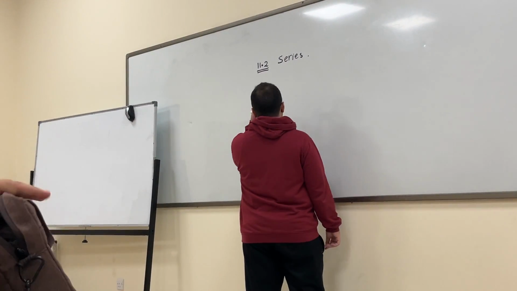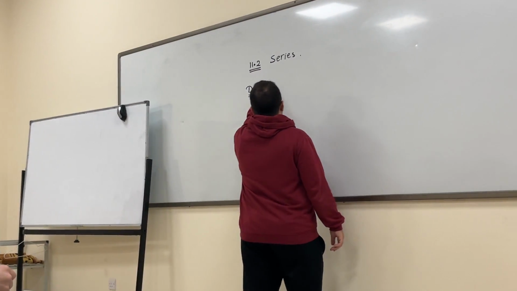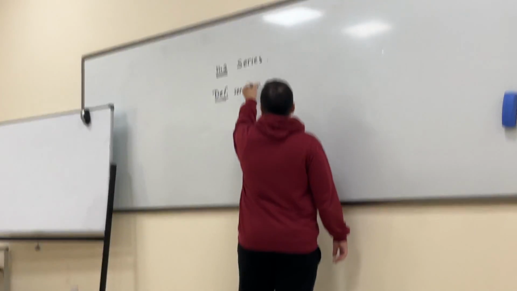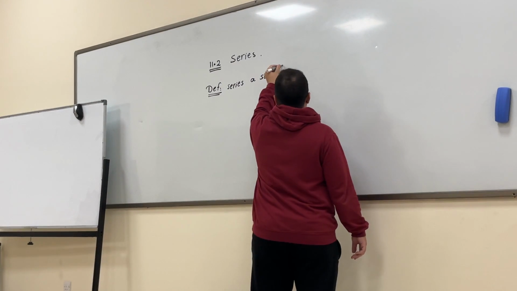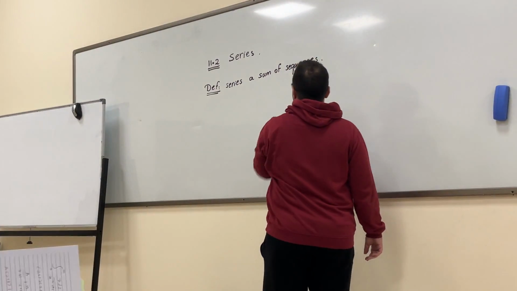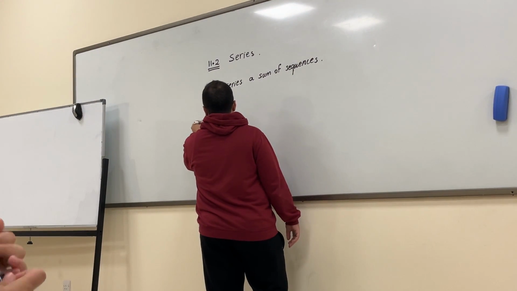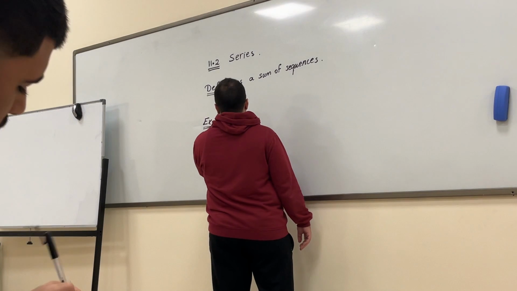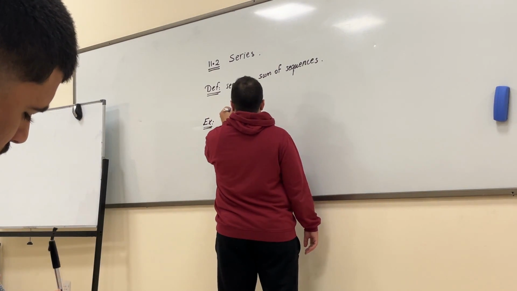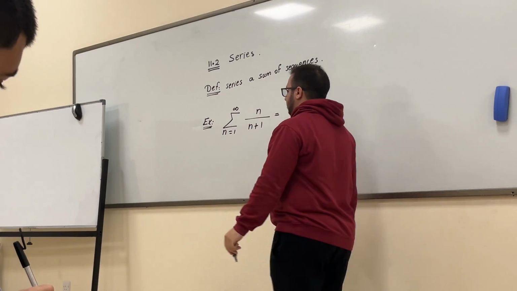So let's start with series. Now, series definition. Series are sums of terms. So, for example, I want to find the sum from n equal 1 to infinity of this series. How do I do that?